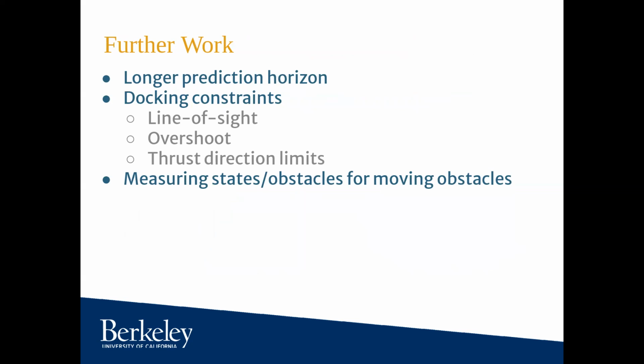There's a lot more further work that we can incorporate into this system. The longer prediction horizon is what I just talked about. Then the docking constraints: there are other docking constraints that are involved in actual satellite docking. Some of those are the line of sight constraint, in which the spacecraft needs to maintain within a line of sight of the satellite that it's docking with.